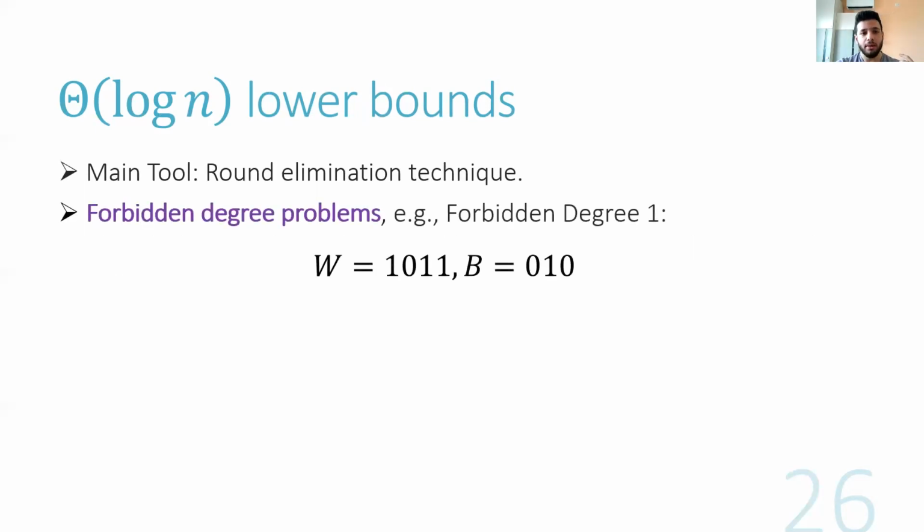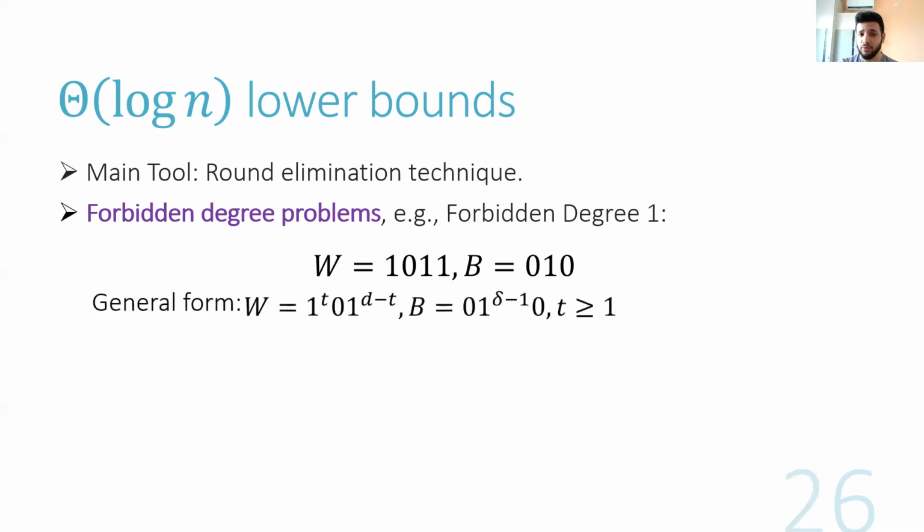However, our starting point here is the forbidden degree problems, whose general form is as follows. Basically, white nodes are not allowed to have one specific degree of output.